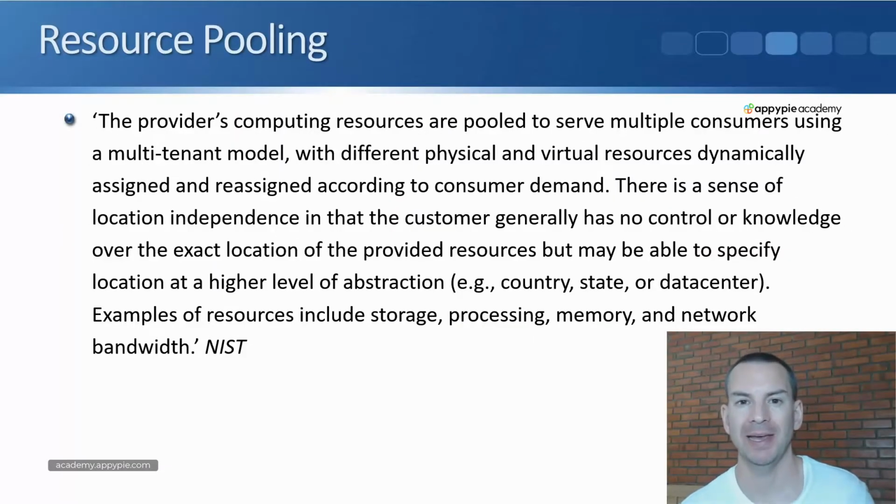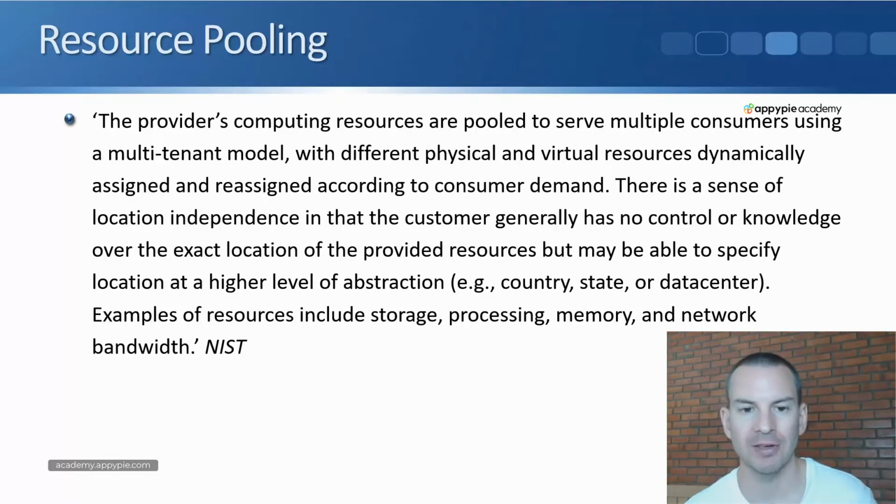Let's see how the NIST define this. The provider's computing resources are pooled to serve multiple consumers using a multi-tenant model, with different physical and virtual resources dynamically assigned and reassigned according to consumer demand.